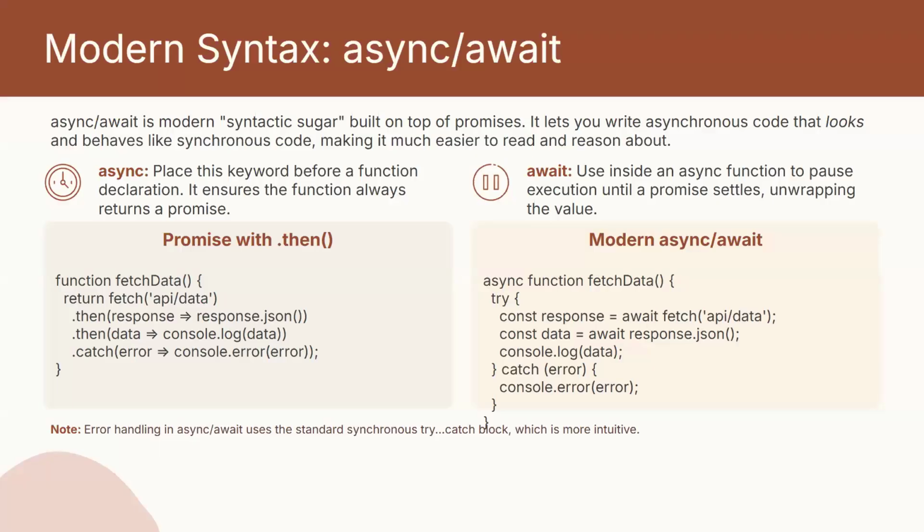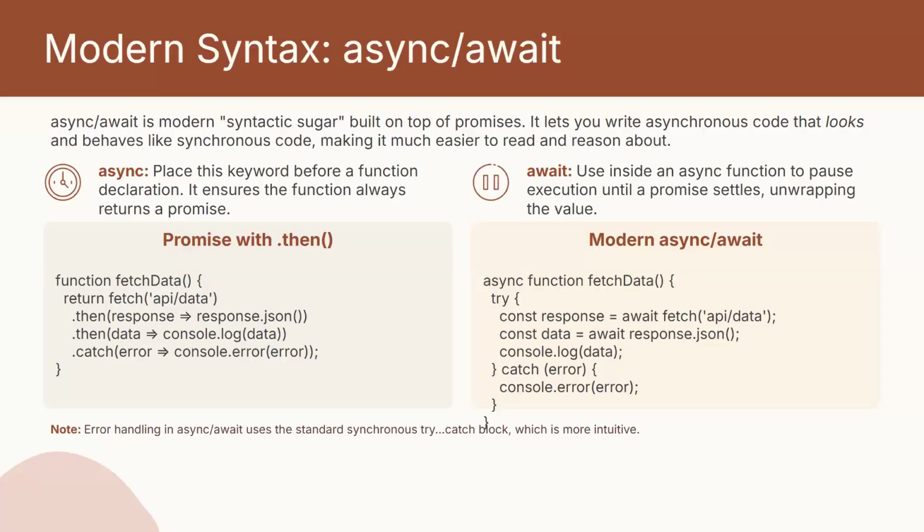Here's how it works. The async keyword is placed before a function declaration. It automatically makes that function return a promise, and it allows you to use await inside it. The await keyword pauses the function's execution until the promise settles and gives you the result value.